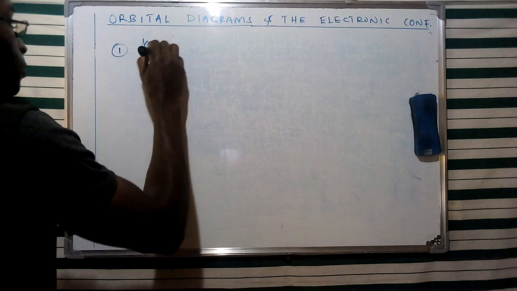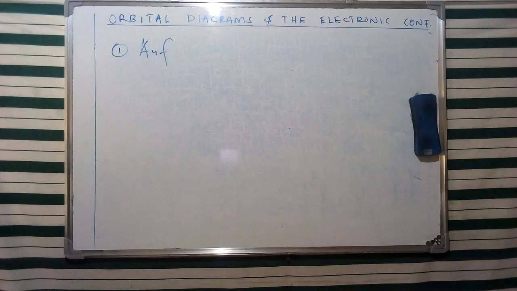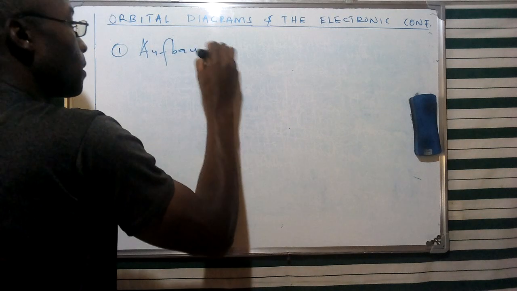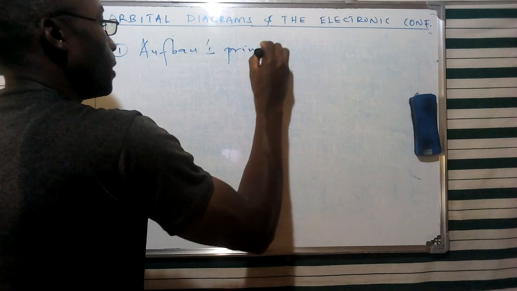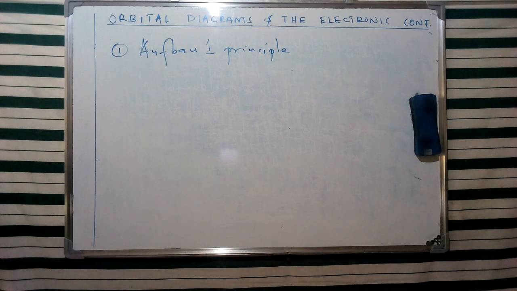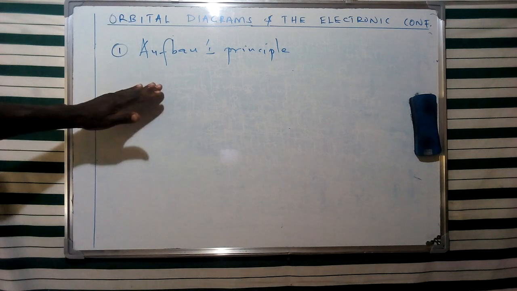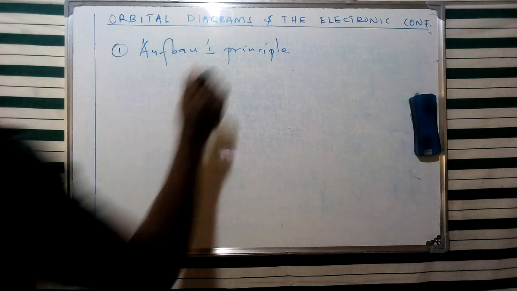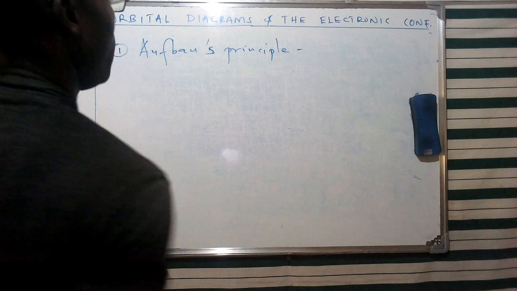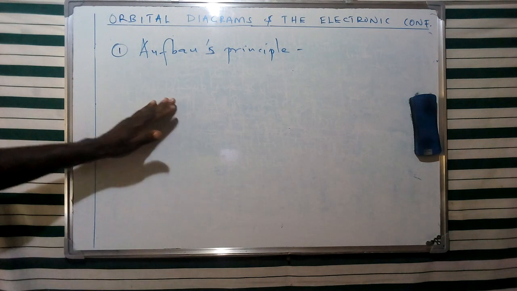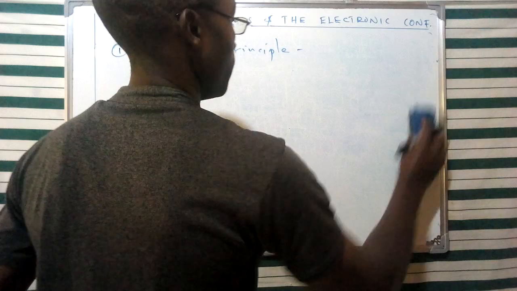Now, the first rule that we're going to observe in trying to make these orbital diagrams is the Aufbau principle. The Aufbau principle basically concerns the electrons' occupation of the levels that we have mentioned. According to the Aufbau principle, electrons are going to occupy the lowest energy orbital that can receive them.